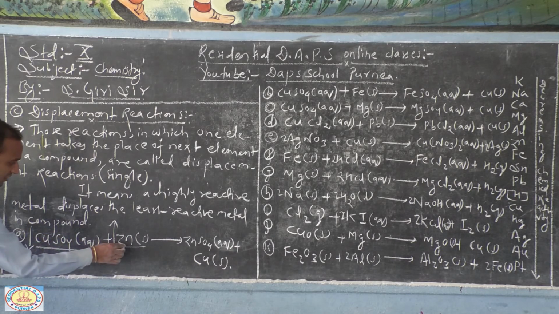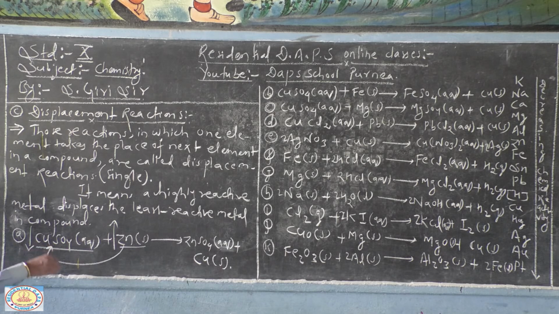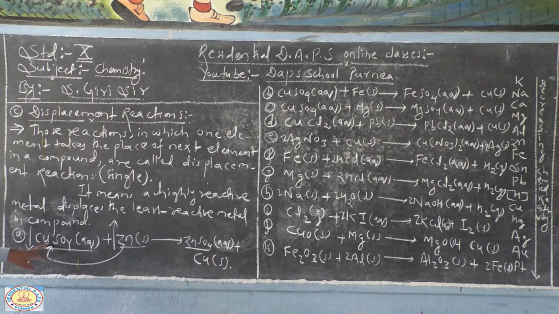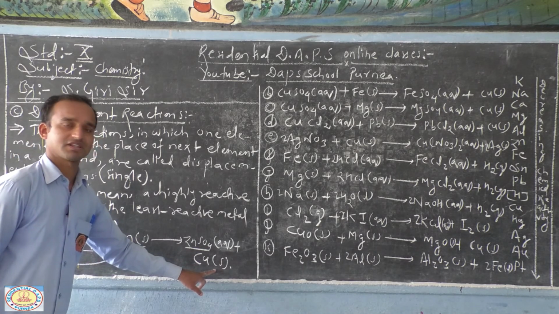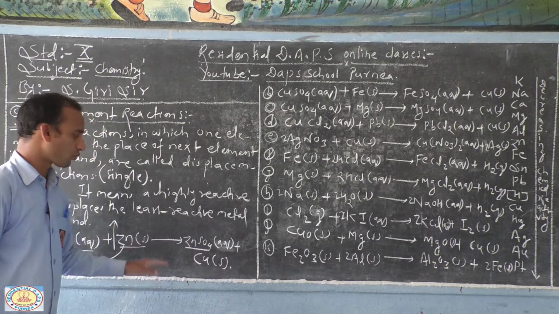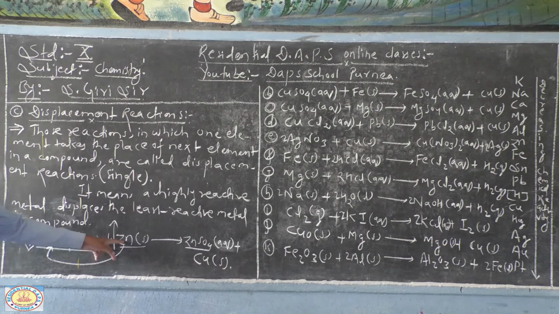So zinc displaces the copper from the copper sulfate. It combines with the sulfate ion to produce zinc sulfate, and copper is removed from the copper sulfate compound as copper. Copper is obtained from the copper sulfate solution due to the zinc. Why? Zinc is a more reactive metal than copper.